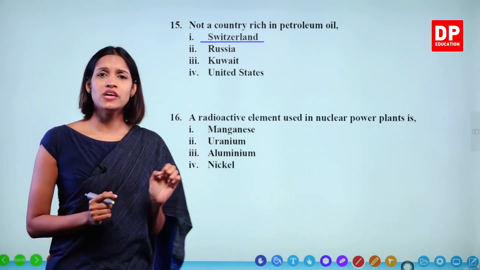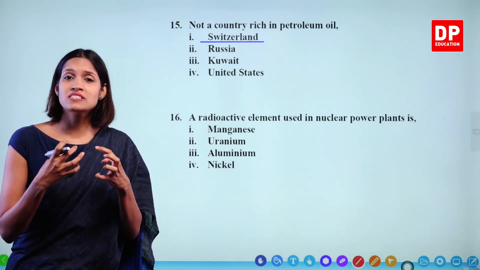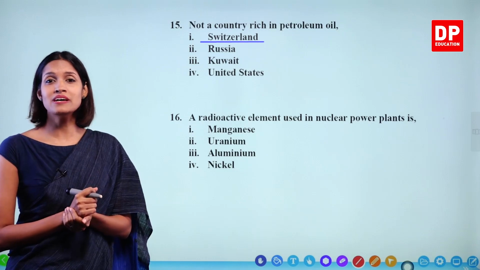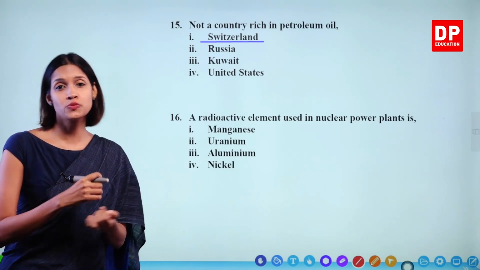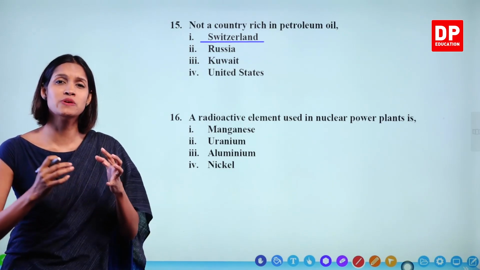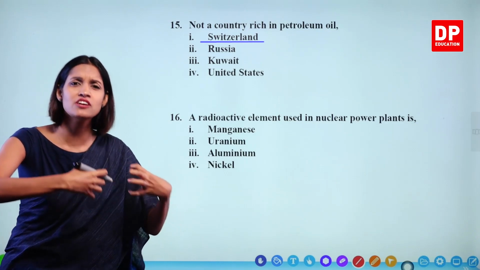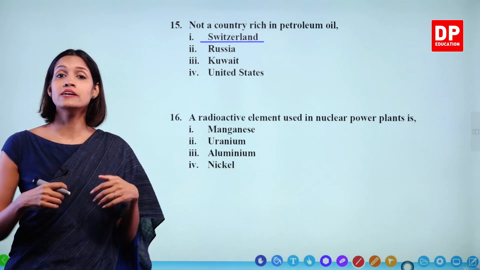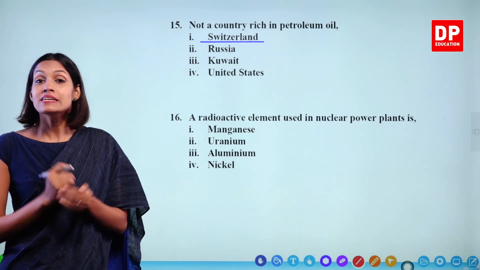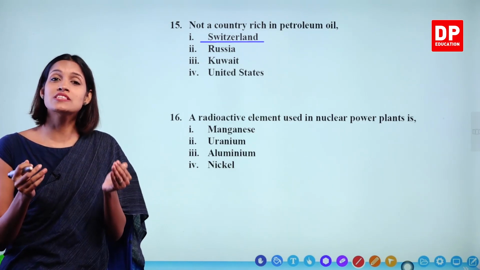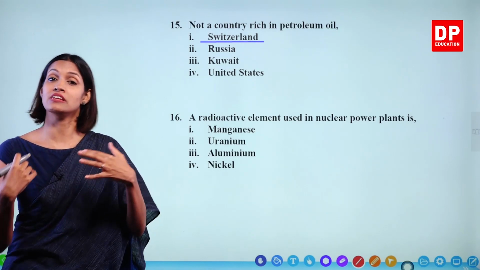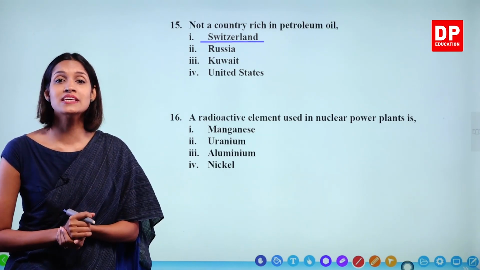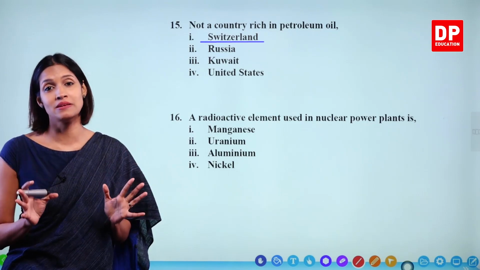I explained to you that atoms of these special elements behave in a different way. That is why, because of this different behavior of these atoms, we can use these substances to generate nuclear power. These substances or elements that behave in a different way are known as radioactive elements.